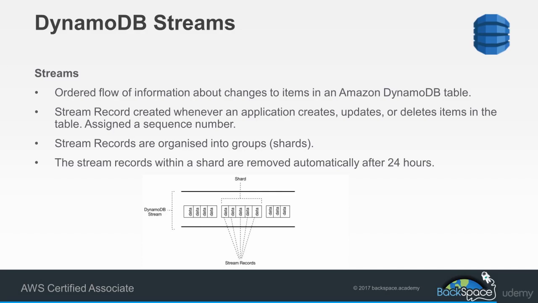That sequence number allows you to see which one came before, so you can tell the order in which stream records were created. Stream records are organised into groups or shards of records, and the stream records within a shard are removed after 24 hours, so they're not there forever. But it's another thing that you can use for monitoring what is going on with your DynamoDB table.